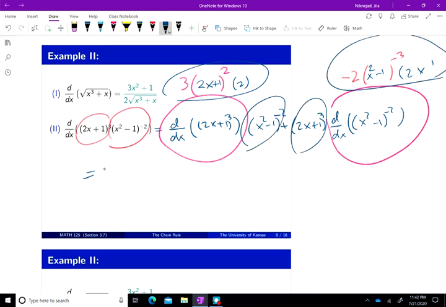And so here I write 3 times 2x plus 1 to power 2 times 2, make it 6. And then here x squared minus 1 to power negative 2 plus 2x plus 1 to power 3, times negative 2 times 2x. So I raise this, make minus 4.